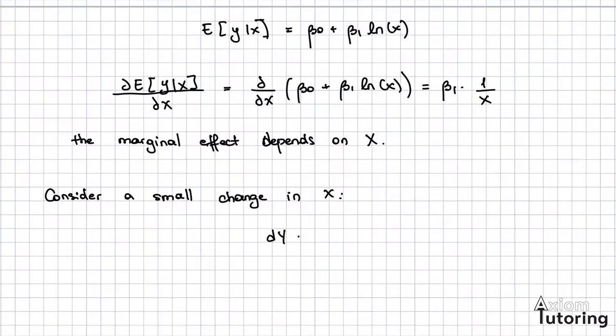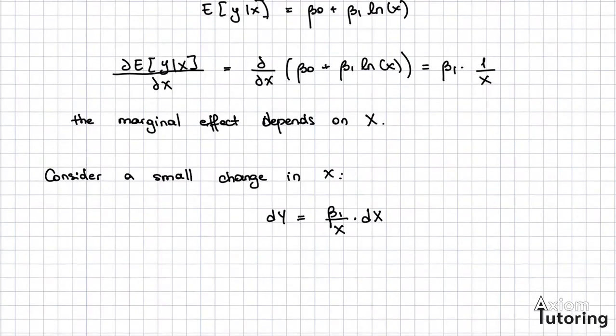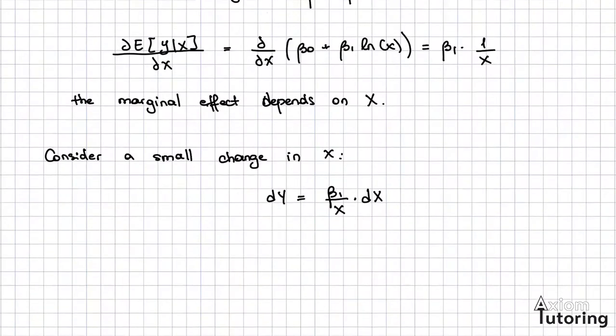So our change in y is going to be beta 1 over x times whatever that small change in x was. If we divide and multiply by x, then we can rearrange this simply as dy equals beta 1 dx over x. I'm just grouping these two together.